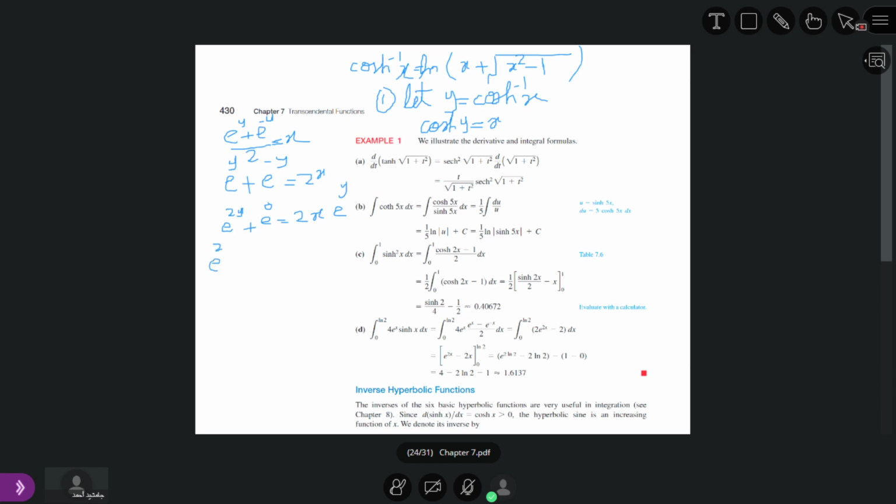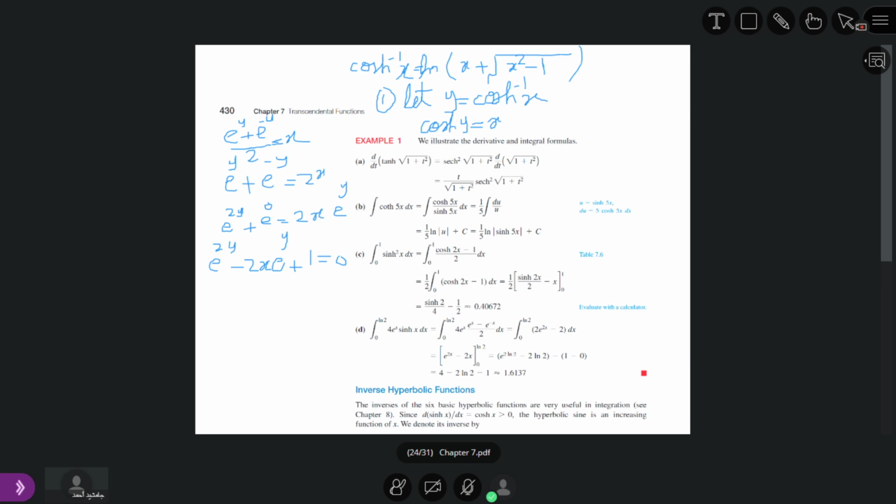Now we shift 2x e power y to this side: e power 2y minus 2x e power y plus 1 equal to 0. This is a quadratic equation in terms of e power y.